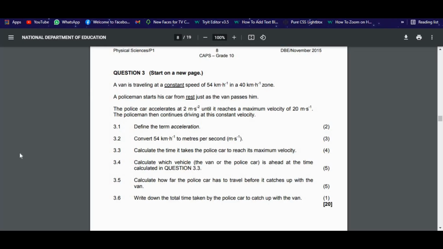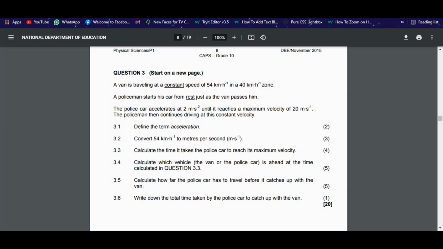3.5 now says calculate how far the police car has to travel before it catches up to the van. Okay, so this is basically going to invoke a simultaneous equation.